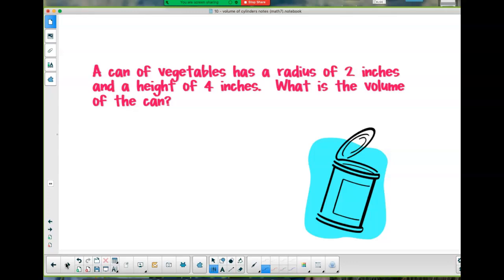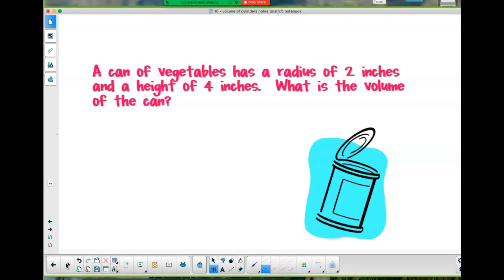Pi times radius squared times height. Is it giving you a fraction?